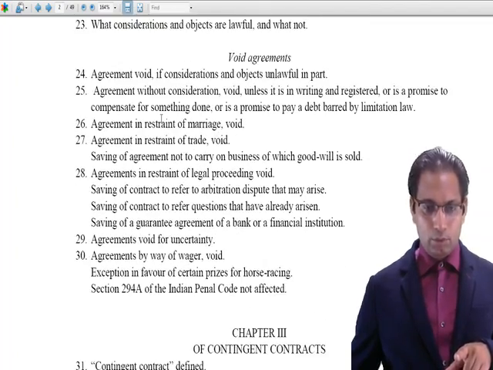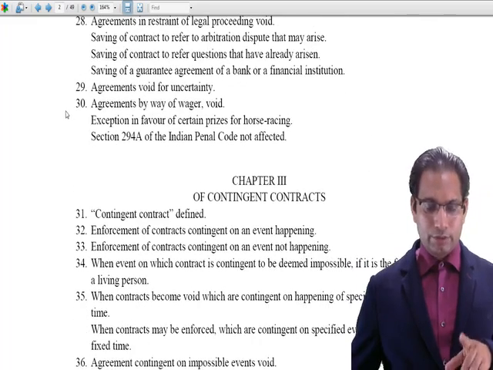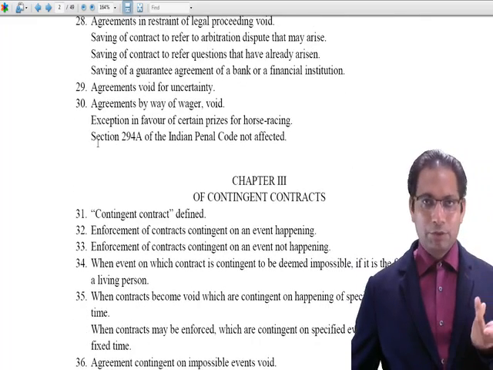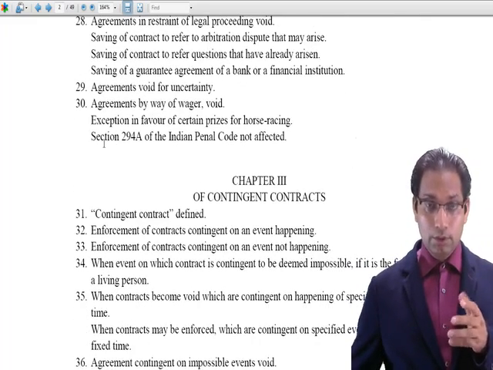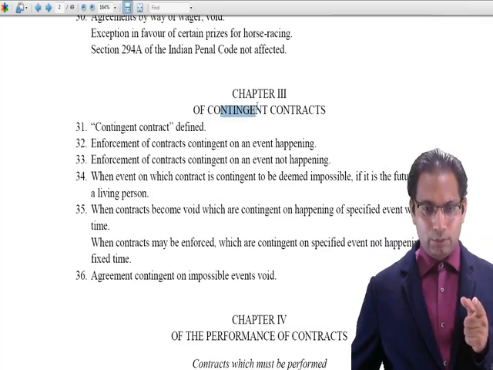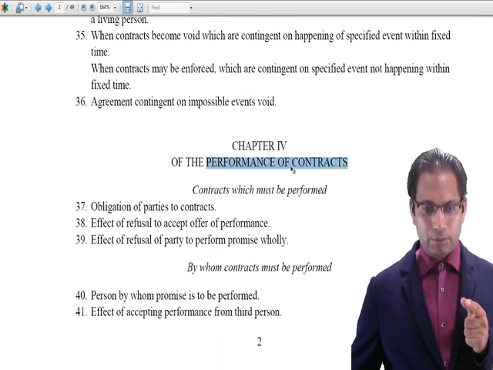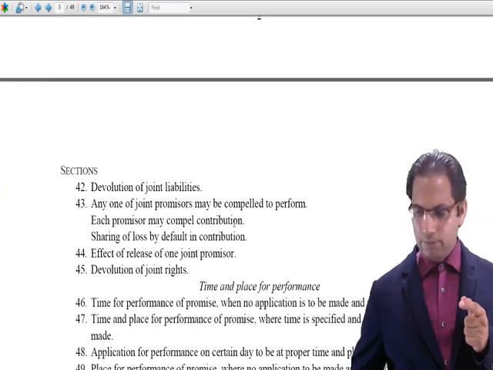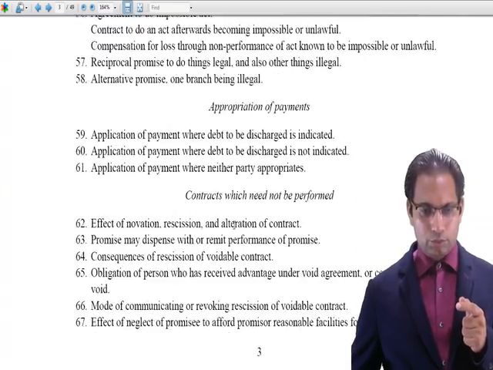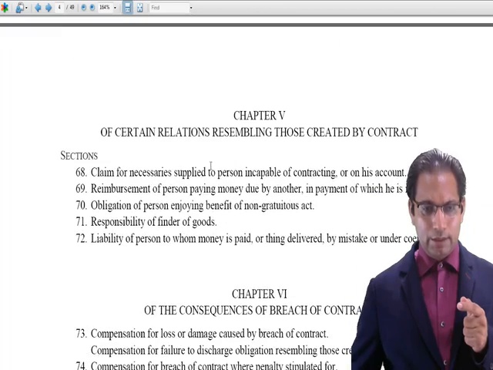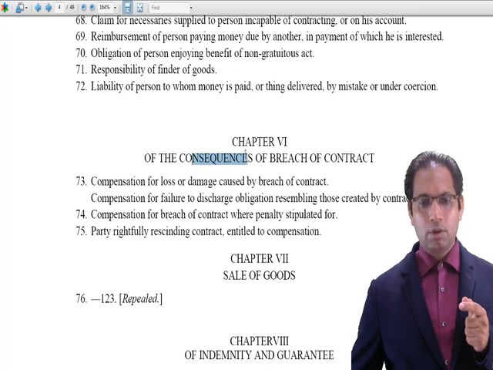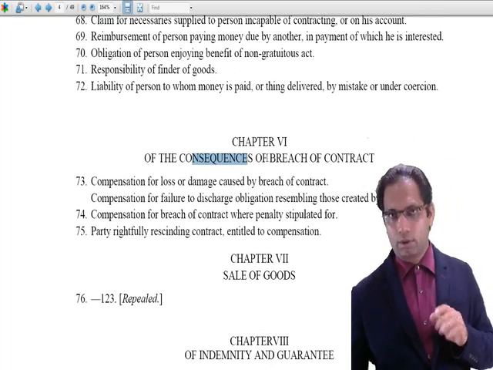Okay, so good. We have reached section 30. So one thing in our mind should be how many sections are there. Okay, so then we talk about contingent contracts and performance of contracts, and then we go further down. So many sections are there, and then we talk about relations resembling those created by a contract, and there is something called consequences of breach of contract.